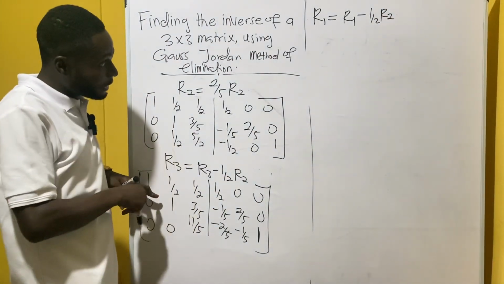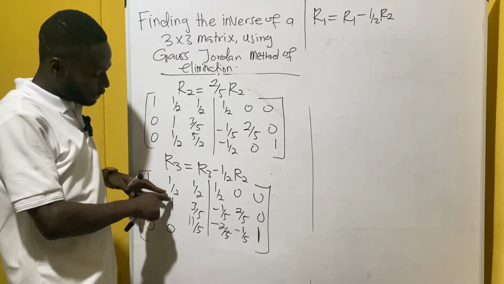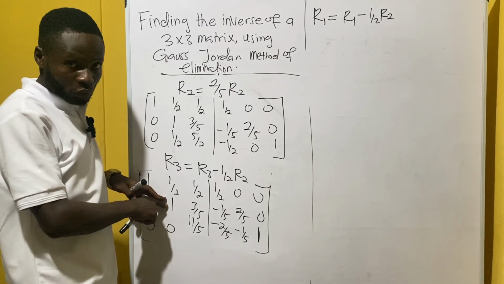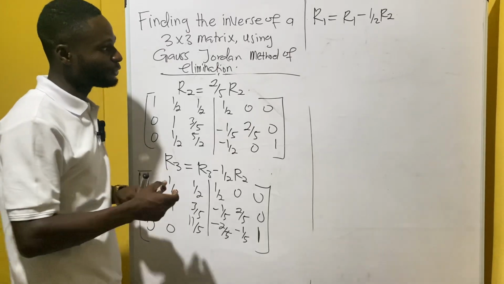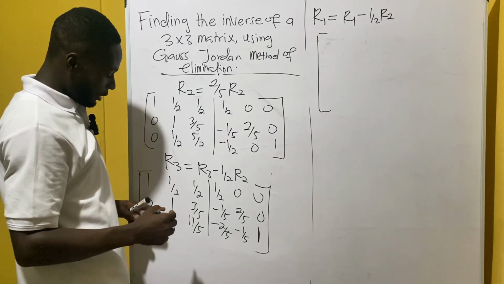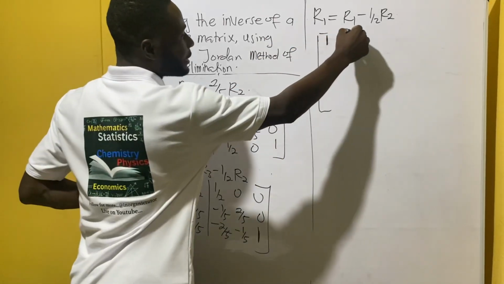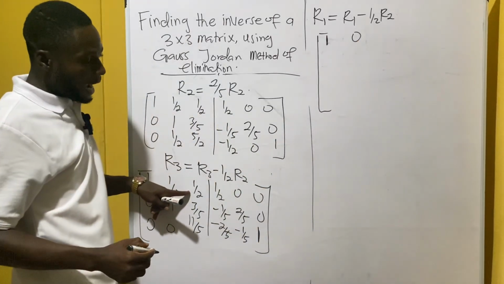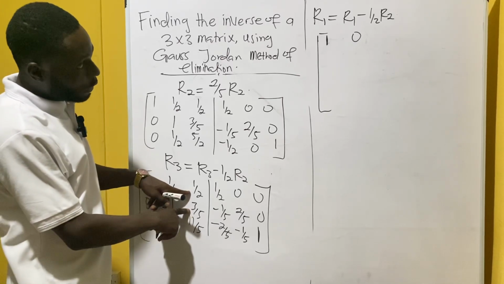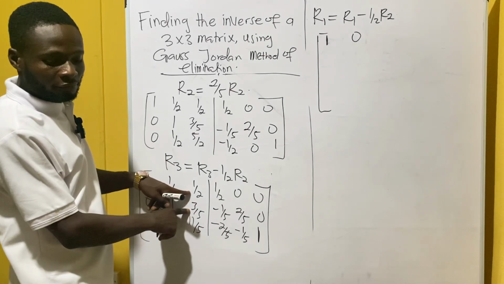You know, when you take half minus half is going to give us 0 right here. That is why we said row 1 minus half row 2. So simple. So right here, we're going to have 1 right here, then half minus half, 0, then half minus 3 on 5 times minus half, right?